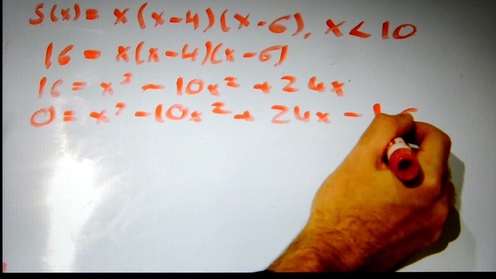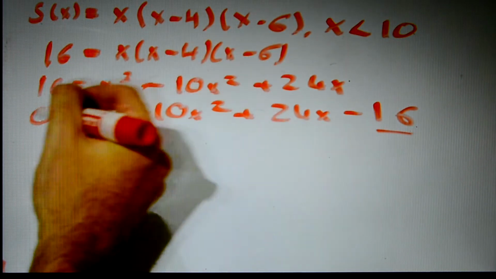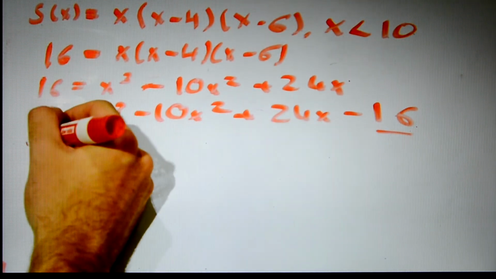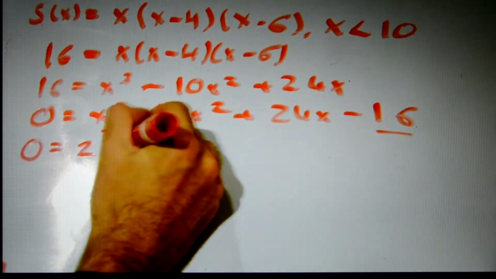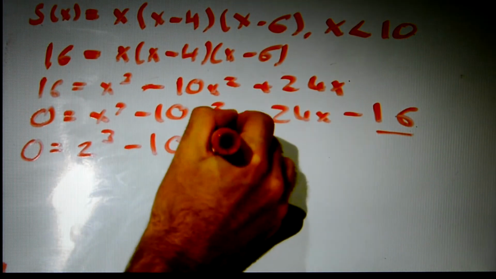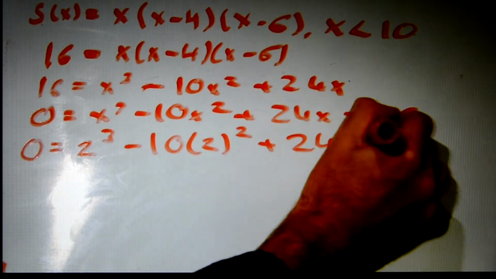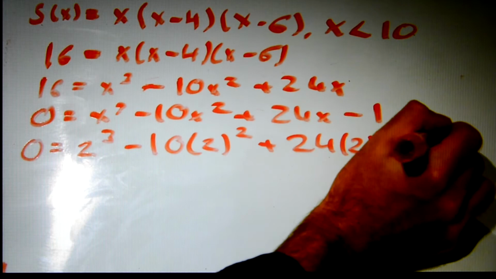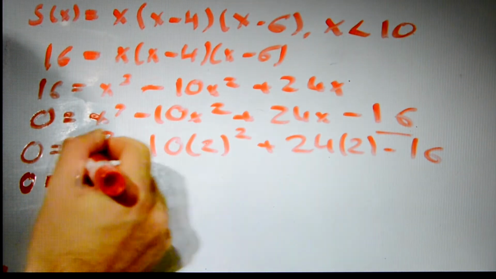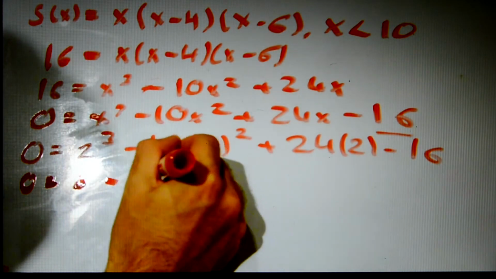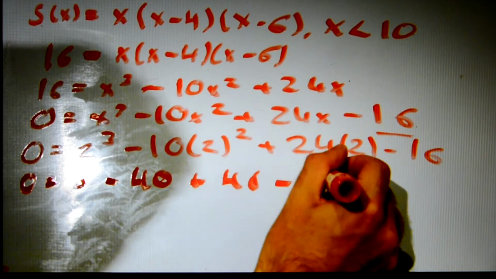Therefore we look at the factors once again of the constant, and for this one let's choose 2 as the first option, and we'll sub that in. 0 equals 2 cubed minus 10 times 2 squared plus 24 times 2 minus 16, leaving us with 0 equals 8 minus 40 plus 48 minus 16.